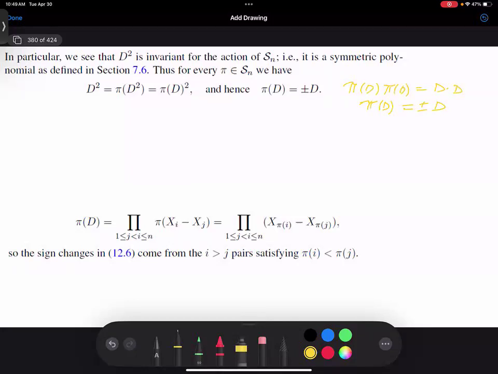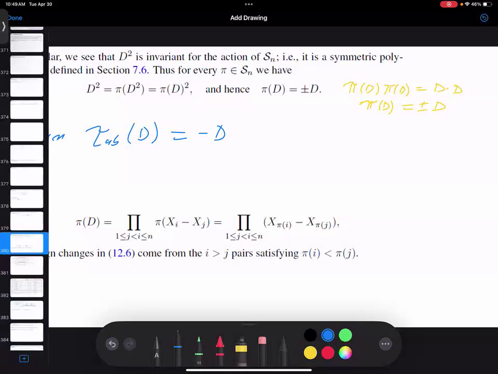And the claim is if we take any transposition and apply it to d, we're going to get back negative d. But the transposition just changes things by multiplying by -1. So what we're going to do is apply a transposition to our product, and look at how many times it changes a factor.